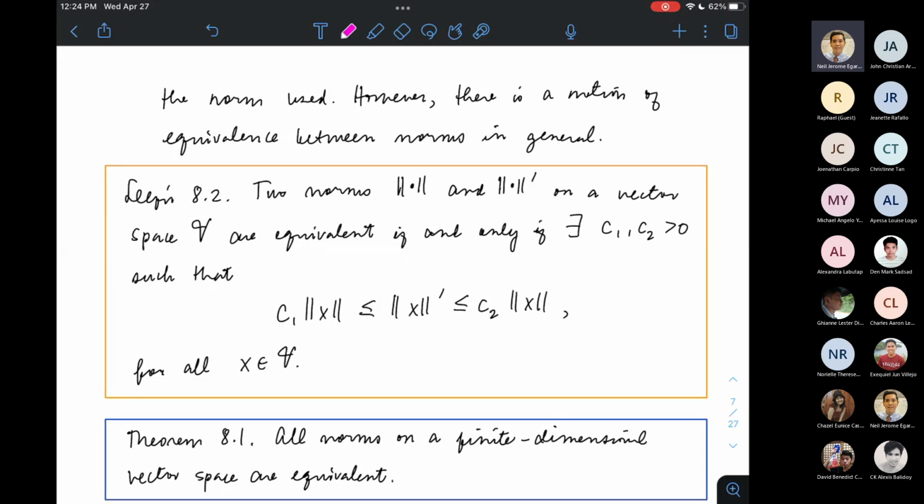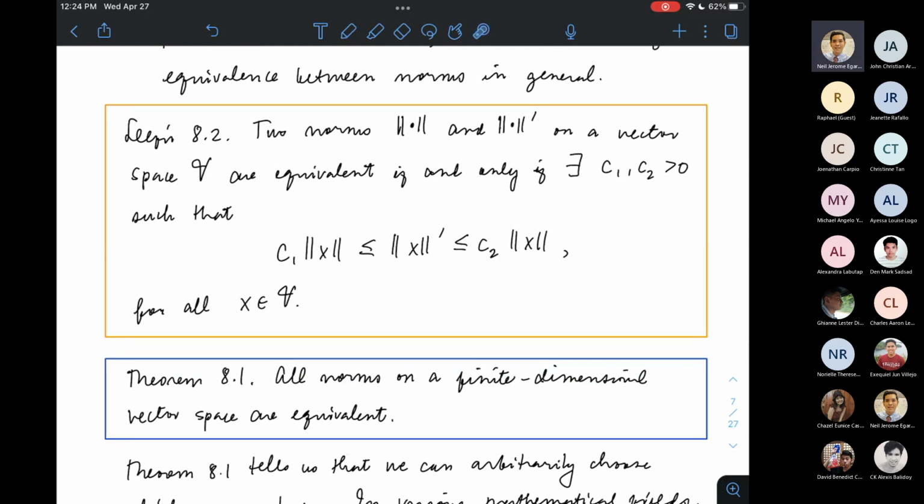Kaya kahit anong norm yung piliin mo, hindi nagkakalayo-layo yung mga properties ng sequence of estimates na makukuha natin. All right? And actually not just that, if you're familiar with topology, if you have equivalent norms, they will induce equivalent topologies, all right? So pare-parehas yung properties nila. Parang meron lang scaling factors yung isang norm from the other. But what do we mean exactly when we say equivalent norms? Yun yung nasa definition 8.2.